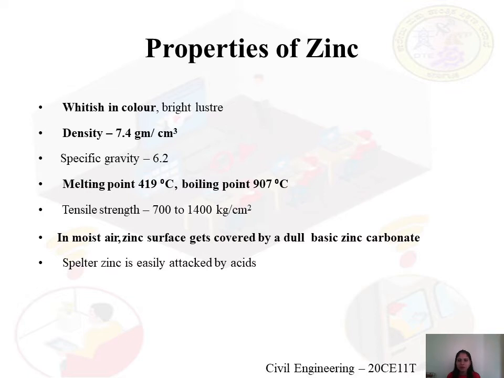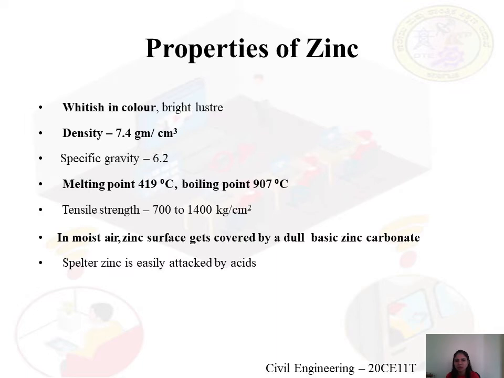Zinc is not affected by pure water, and it also resists corrosion, and its specific gravity is around 7.14. These are all the properties of zinc. Hope you understood the properties of zinc.